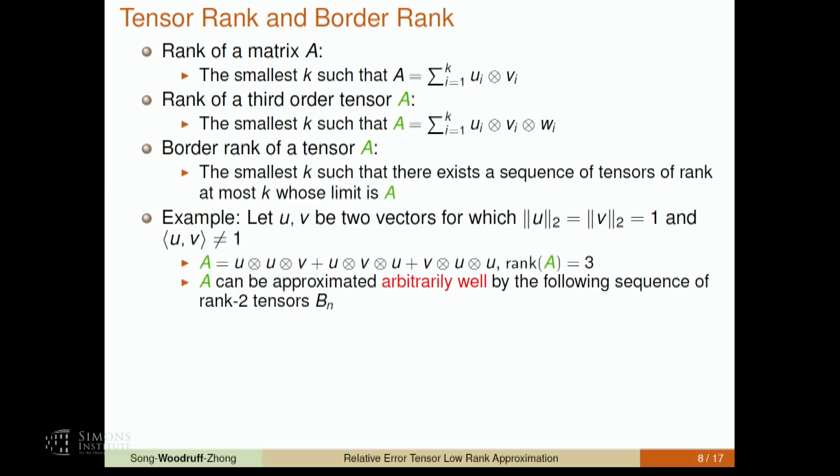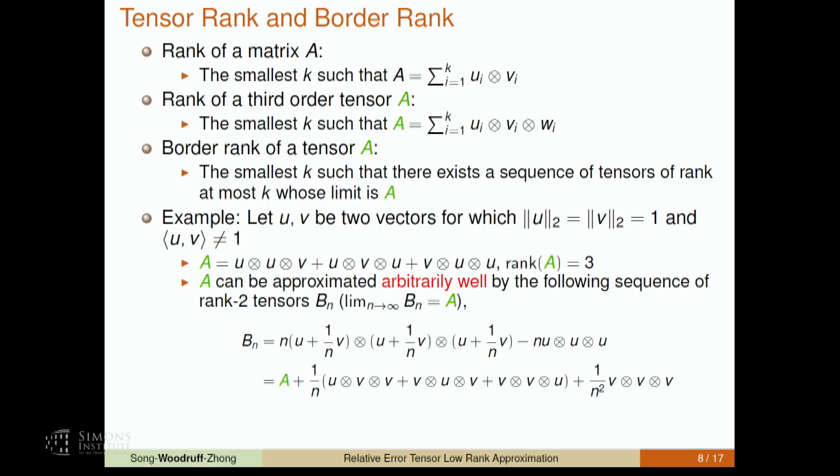However, A can be approximated arbitrarily well by the following sequence of rank 2 tensors, which I'll index by Bn, where n is going to infinity. Again, the details are not so important, but Bn is some rank 1 tensor minus some other rank 1 tensor, so its rank is at most 2.